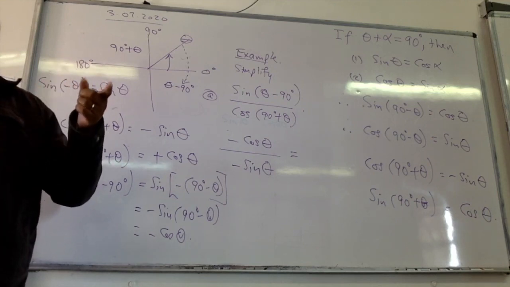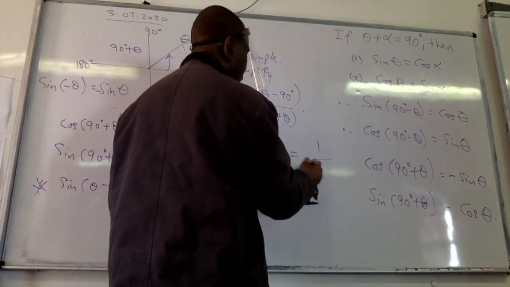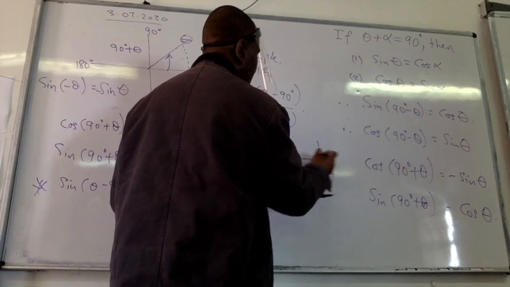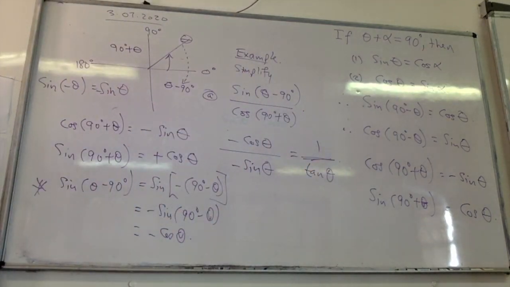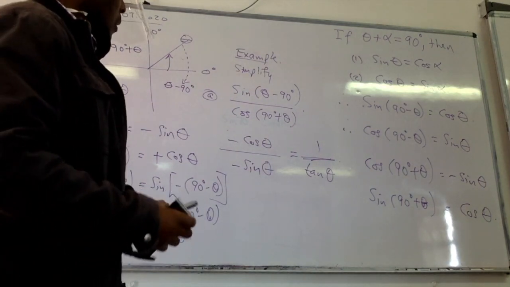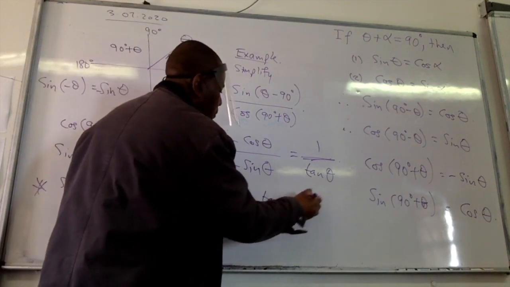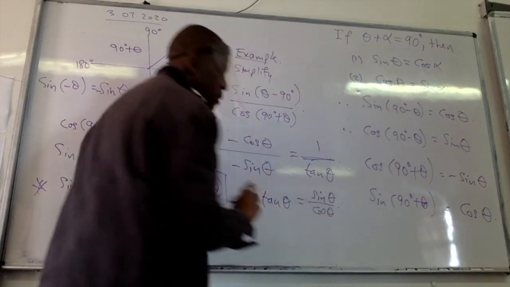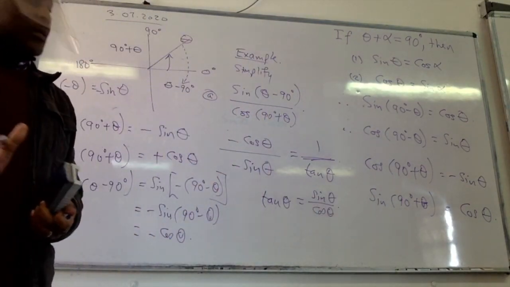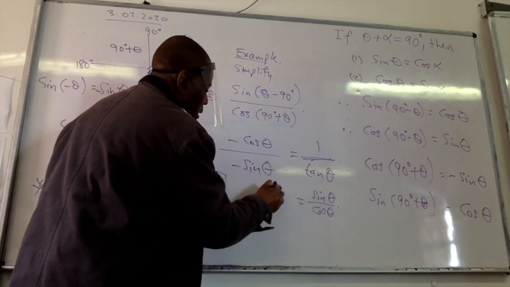Which means cos theta over sine theta should be 1 over... Don't worry if you don't remember, you will remember all that. Where did you get 1 from? I got it from here. Tan theta is sine theta over cosine of theta. This is grade 10. But where did you get number 1? So this thing here is tan theta, right?